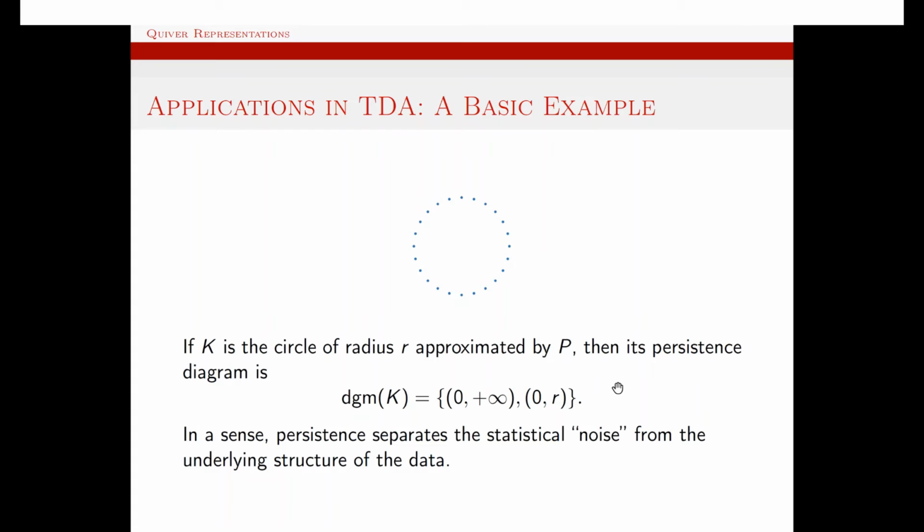And that's why it's often used in fields like neuroscience, astrophysics, machine learning and image processing, because it takes a set of data and separates this kind of data noise from the underlying structure, so that you can see what the data is trying to approximate.